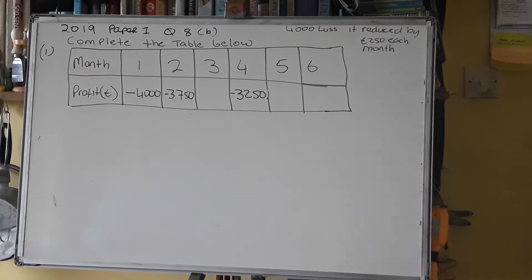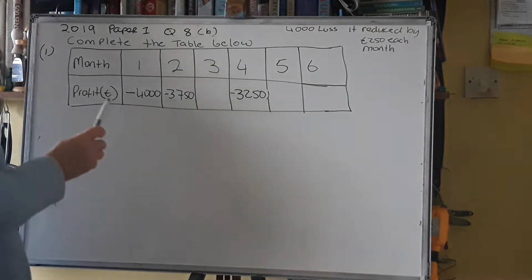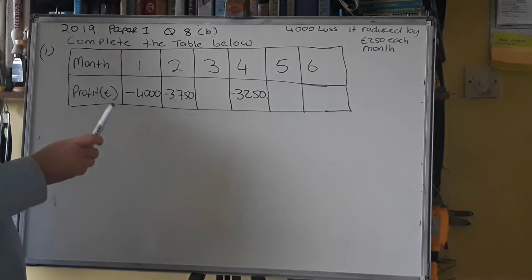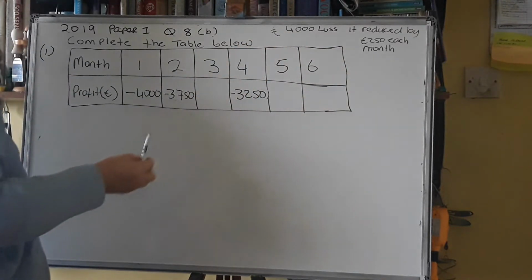Okay, so question 8, part B. A company was set up in January 2016 to repair engines. In the first month of its existence, the company made a loss of 4,000 euros.